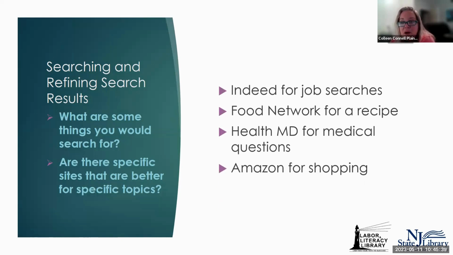So we have a couple of handouts that will give you further information. I don't know, Susan, if you have them in front of you, but we'll make sure we put them in Canvas for you. I'm just going to take a look and show you what some of the handouts are. So, Google Chrome quick reference.